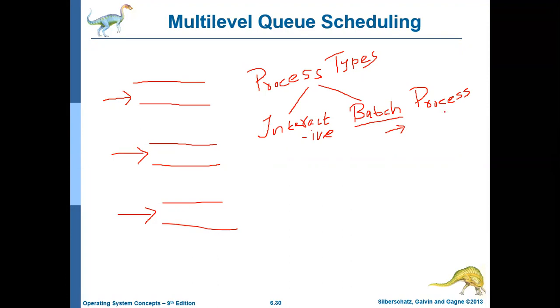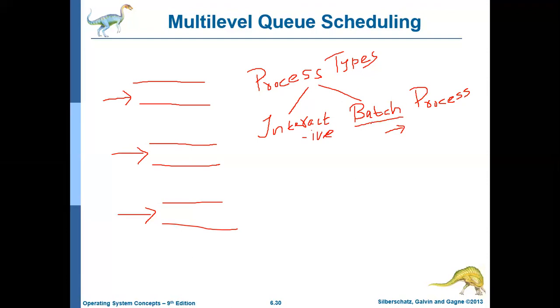After that time, the user will come and check the result. These processes do not require a very low response time. The interactive process should respond fast, whereas the batch process can respond slowly. So this is one way of dividing the processes.